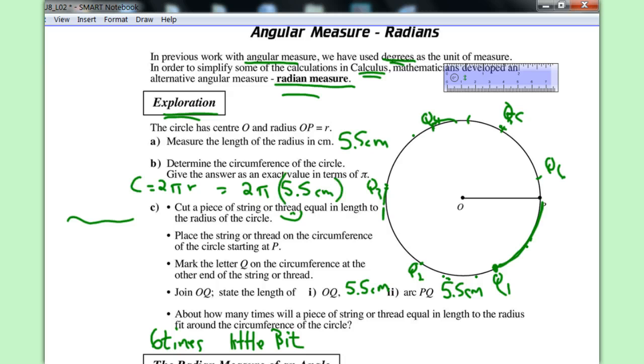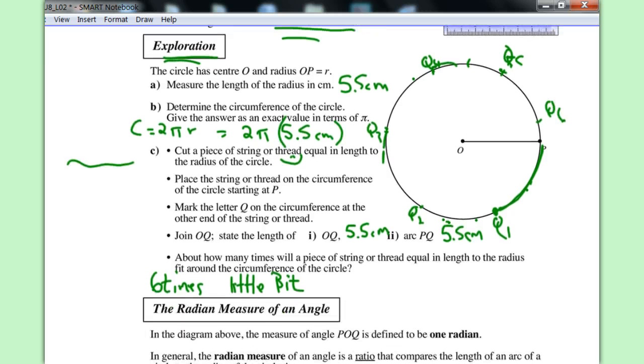So now when I think back to this part down here, why does it go 6 times and a little bit? Where does that little bit come from?